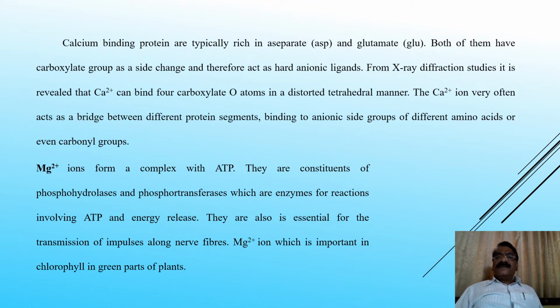From X-ray diffraction studies, it is revealed that Ca2+ can bind 4 carboxylate oxygen atoms in a distorted tetrahedral manner. The Ca2+ ion very often acts as a bridge between different protein segments, binding to anionic side groups of different amino acids or even carbonyl groups.